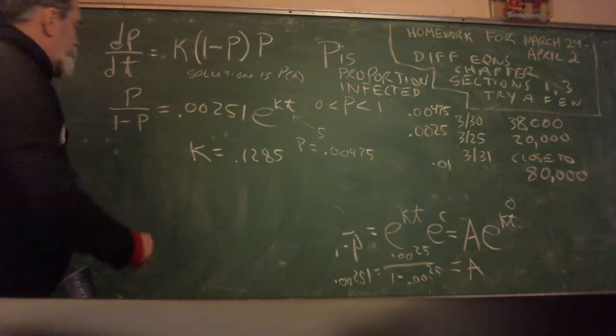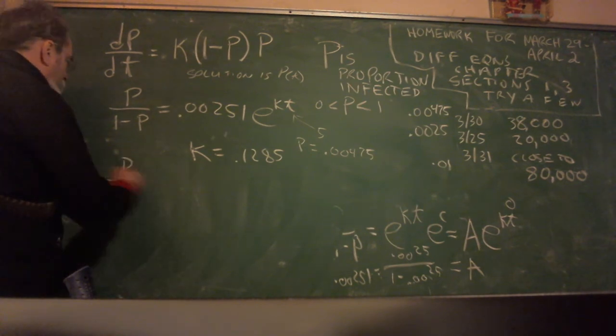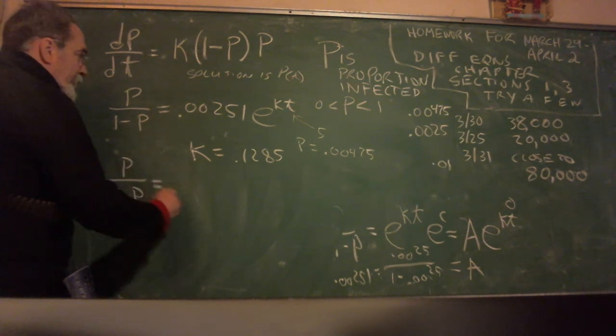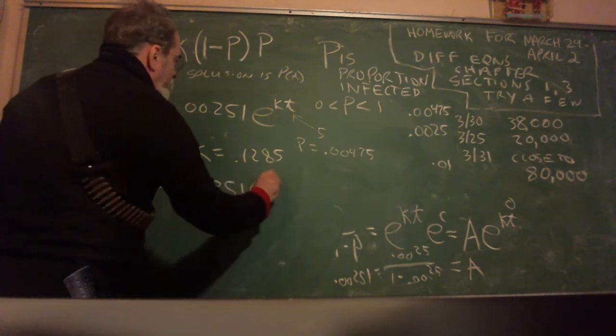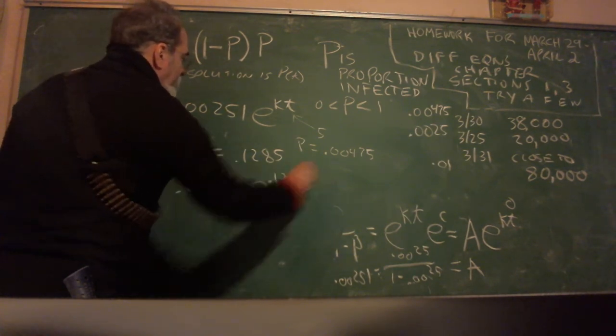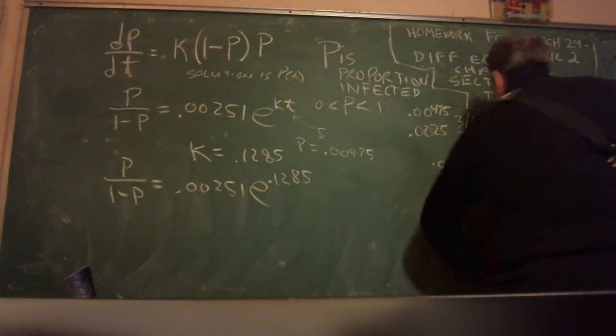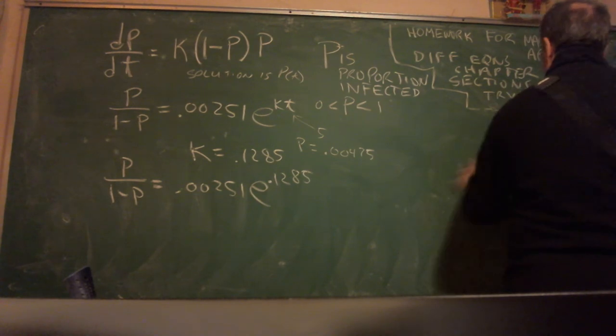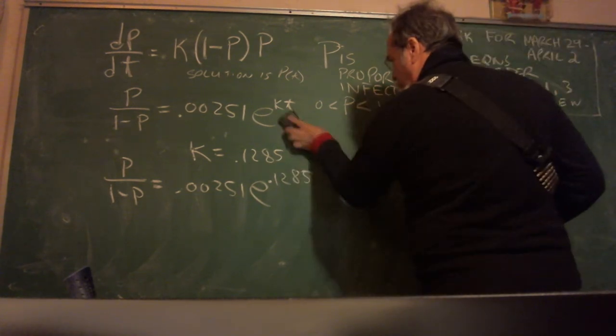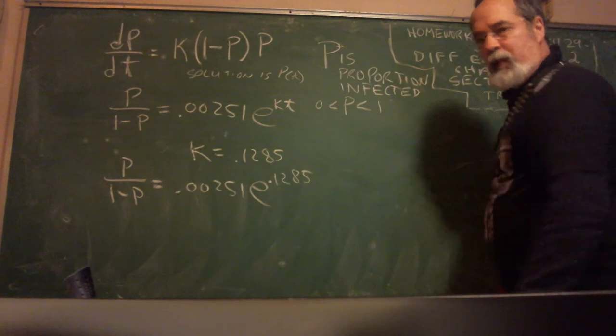So anyway, this gives us our model of p over 1 minus p equals 0.00251 e to the 0.1285. Now here's what I did for you. Cross multiply. You can cross multiply and solve for p. You actually can.